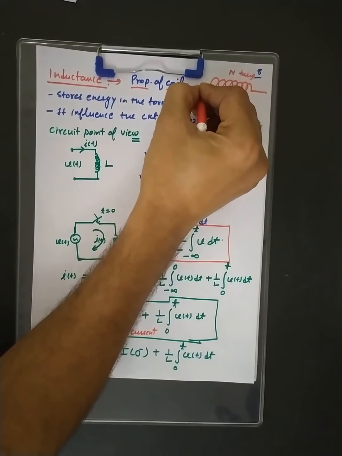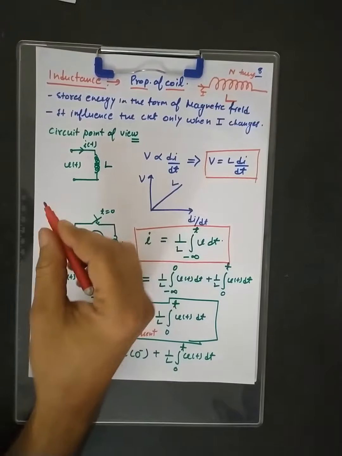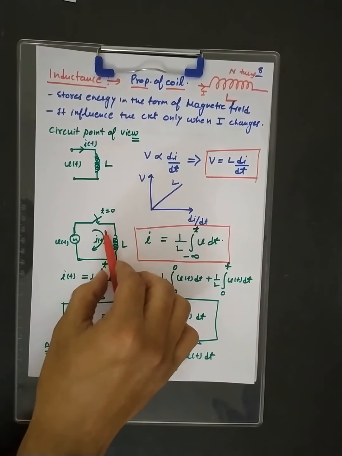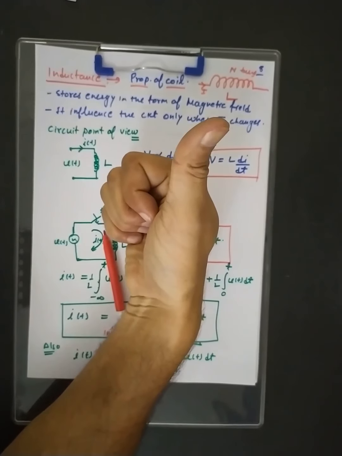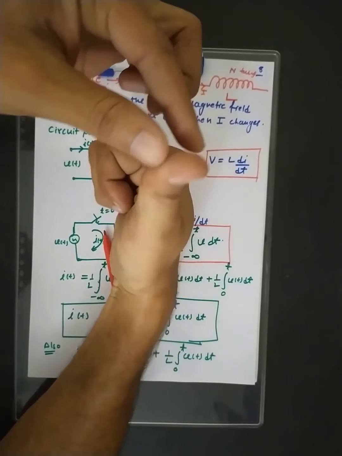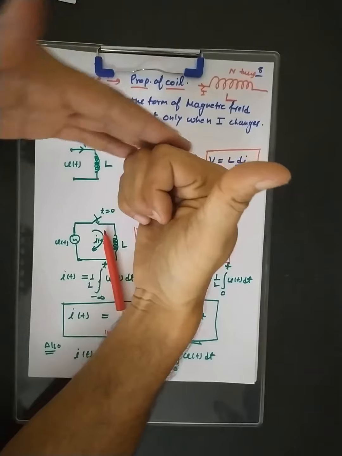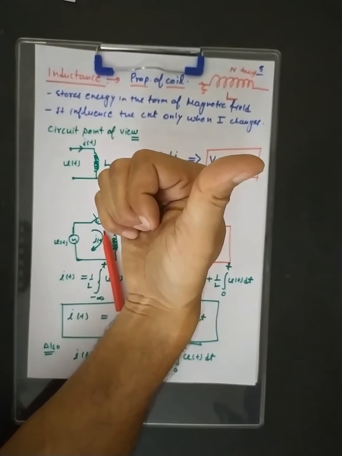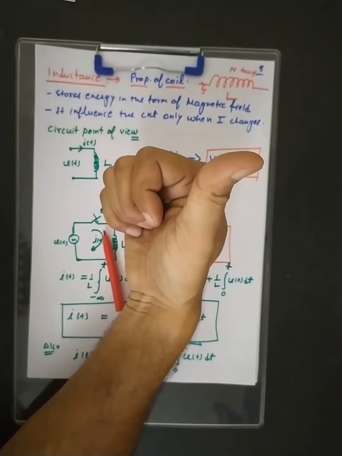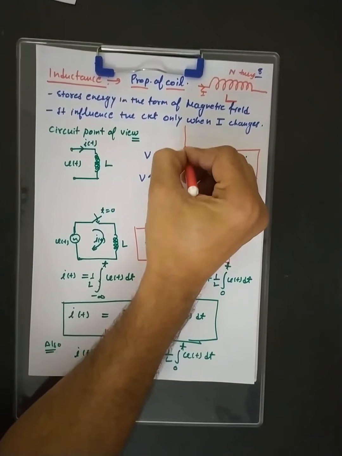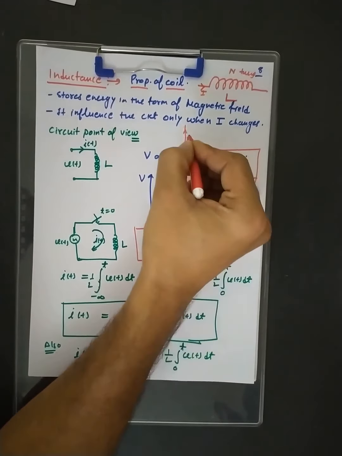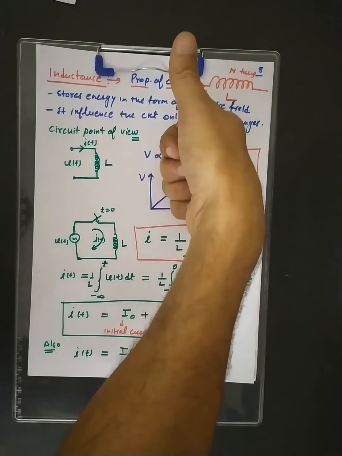When current flows, as per the right hand thumb rule, the thumb represents the direction of current, and the curl of the fingers represents the direction of flux rotating. If current is flowing in this direction, apply the right hand thumb rule.